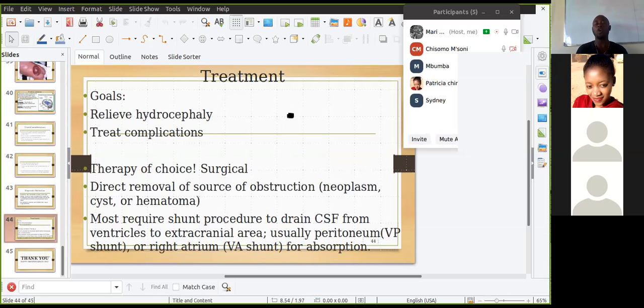Most hydrocephalus cases require what we call a shunt, whereby you drain the CSF from the ventricles to extracranial areas. Usually, the drainage goes into the peritoneum. We say the ventriculoperitoneal shunt, where there is absorption of the CSF from the head.